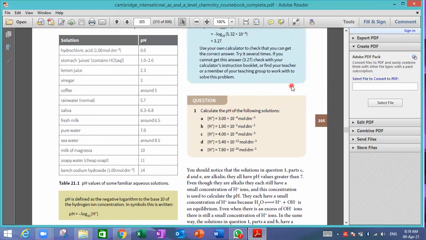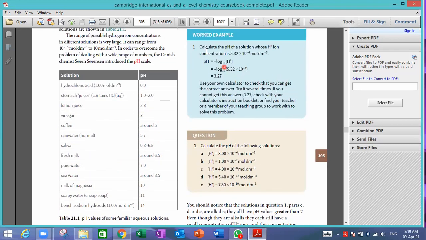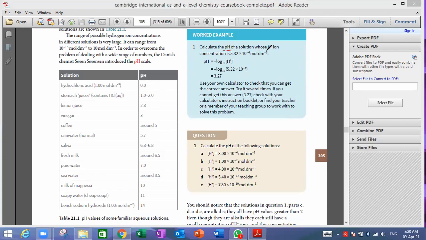Now, how are we going to calculate pH? For example, when it says calculate the pH of a solution whose hydrogen ion concentration is 5.32 times 10 to the power minus 4 mole per decimeter cube. So at once we say he wants us to calculate the pH, and he gives us the hydrogen ion concentration of this solution to be this value. So the only thing that we are going to do is to write pH equals minus log hydrogen ion concentration.